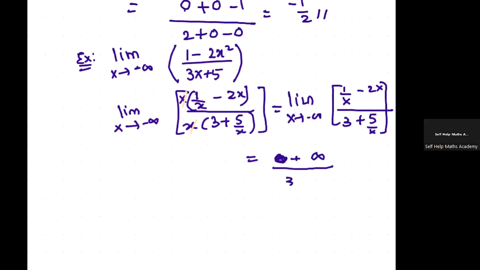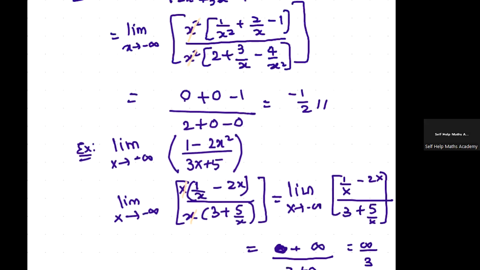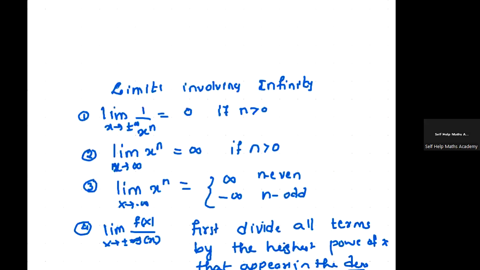So therefore infinity divided by the number, again this is infinity. So the value of this particular limit will be infinity. Okay, so this is how we are going to solve the examples which are related to infinity. Basically we have to remember these three rules when solving the problems related to infinity.